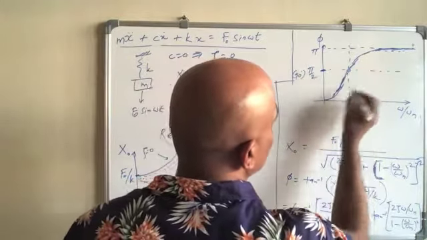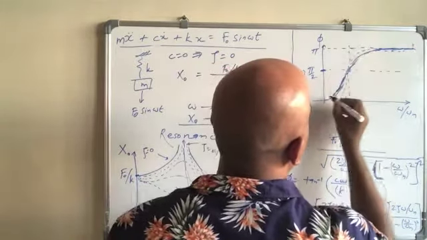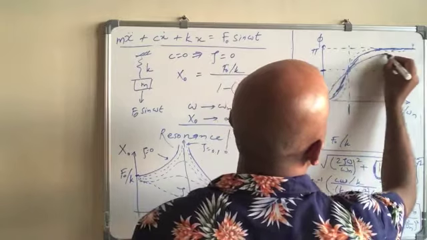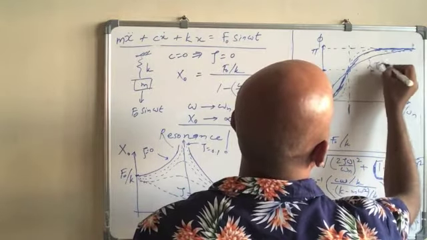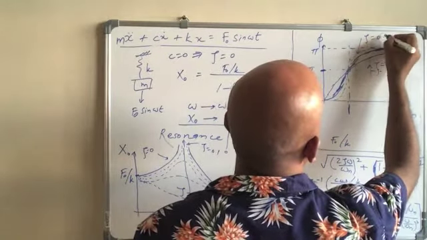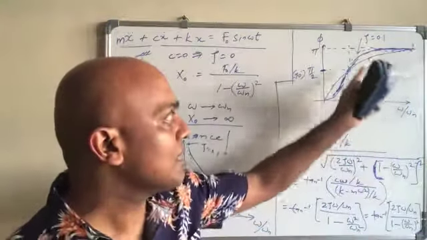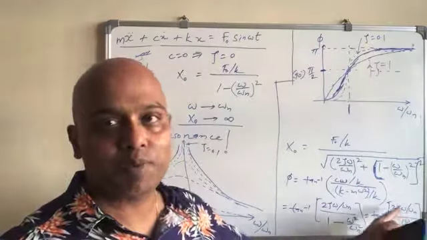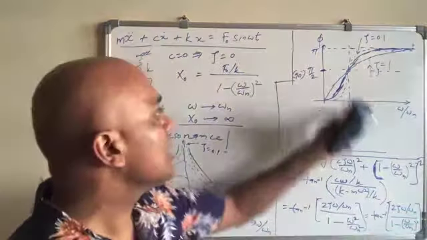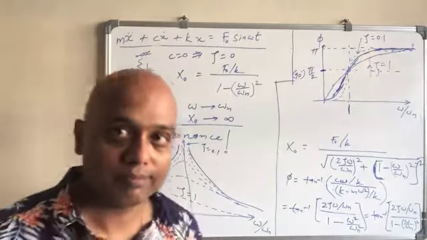For a lower zeta, it will go like this; for a higher zeta, equal to 1, it will go like this. So this is zeta equal to 1, and this one, let us say, is zeta equal to 0.1. Just one example. This is how phi will look. You can plot it yourself with different zeta for different ratios of omega over omega n, and see how it looks. You can do both the plots.